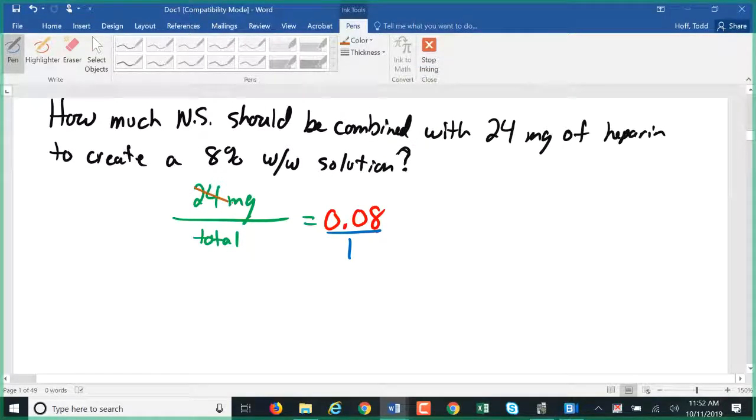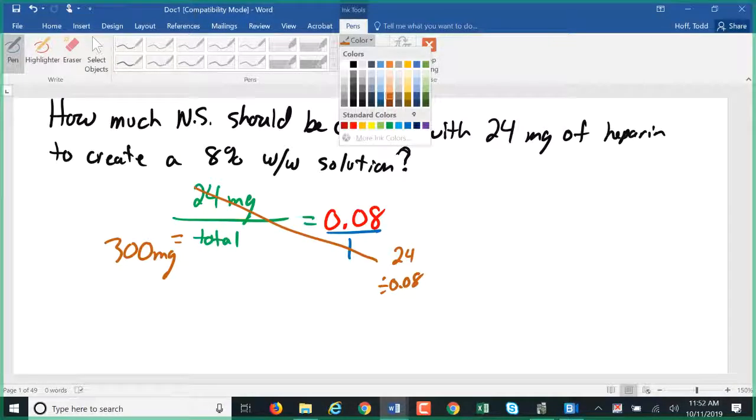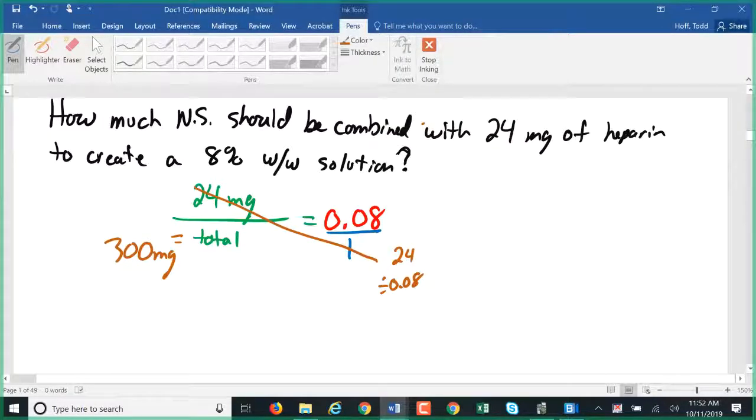I've got 24 times 1 is just 24, divided by 0.08, giving us 300 milligrams total. Now that's the total solution, but we have to go back and make sure we've answered the question. Our question asks, how much saline needs to be added here?